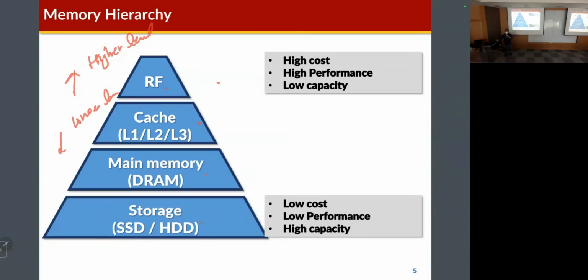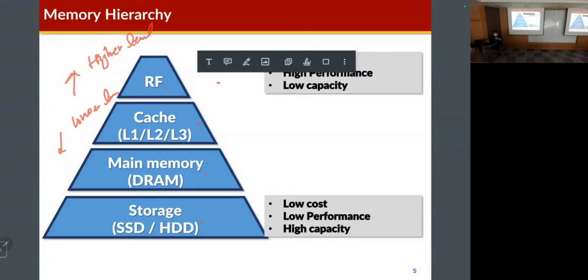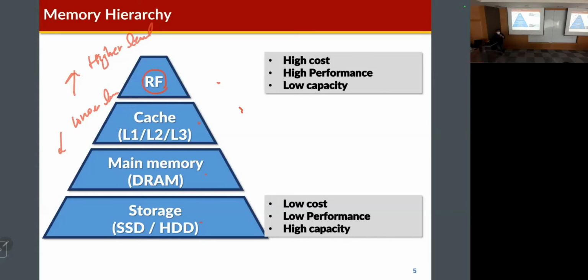So this is an ideal memory device, but in the real world, you cannot find an ideal memory device, right? You cannot find any ideal things in real life. So what does that mean? We can find the RF, the register file, at the highest level of the memory hierarchy. We already know that the size of the register file is very, very small, but the register file is very fast.